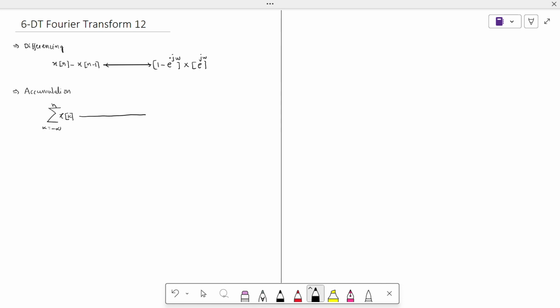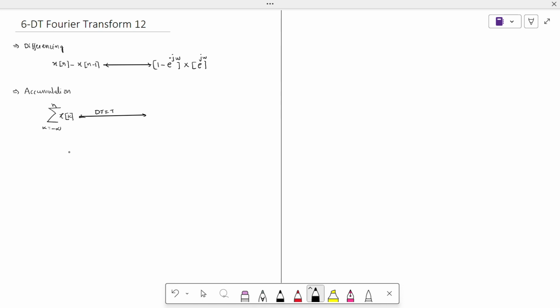So that is the accumulation property, and its discrete time Fourier transform is similar, but here this factor is multiplied. How do we prove that using a GP? This is nothing but x of n plus x of n minus 1 plus x of n minus 2, like that. Then apply the time shifting property, and we get the GP.